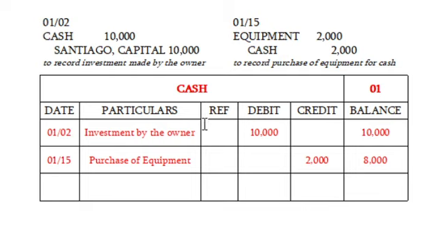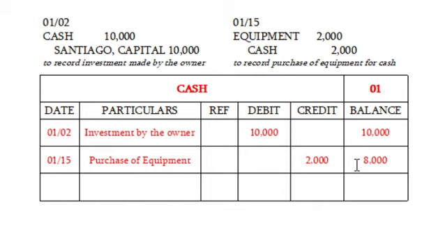So, ang nangyari again for the ledger of our cash account, date natin January 15, particulars purchase of equipment. So, kung ano yung to record nyo, yun na din yung ating particulars. And then, again, based dun sa ating entry, naka-credit yung ating cash, so dapat i-credit din natin siya dito.